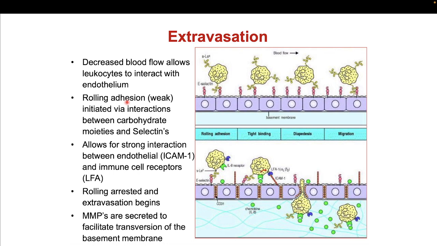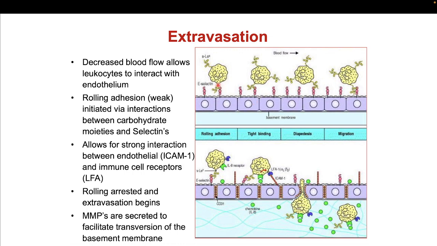This is known as the rolling adhesion model, where, as you can see, there are membrane protrusions coming out of your neutrophils. These are molecules which can interact with these pink molecules present on your endothelial cells.